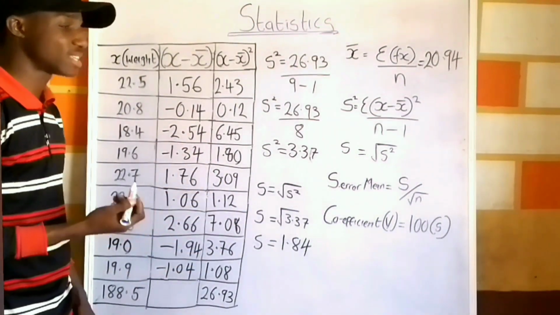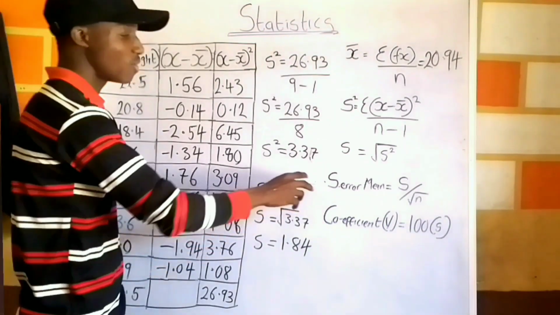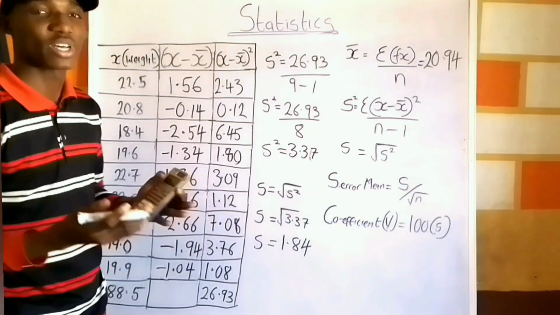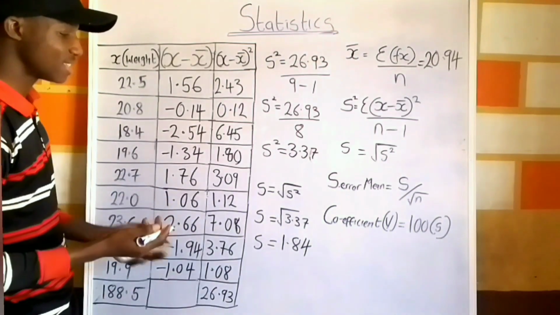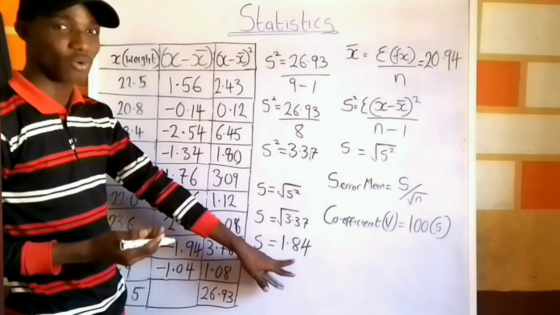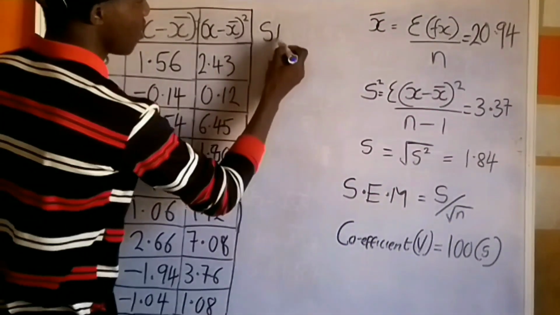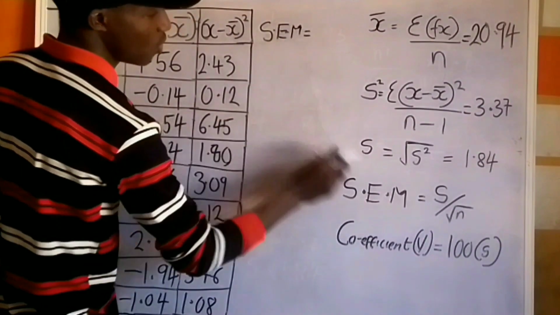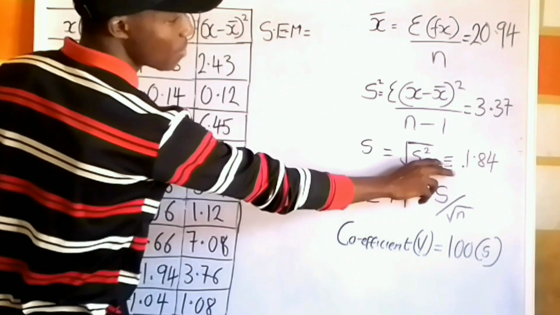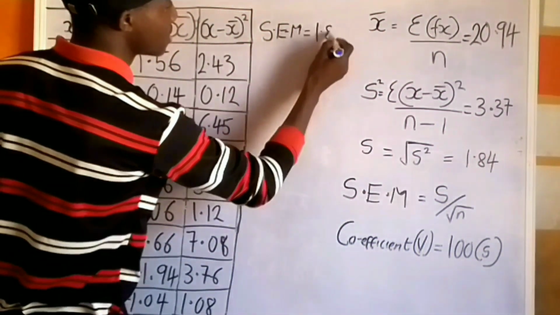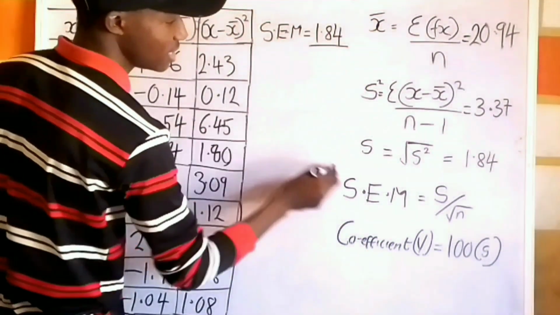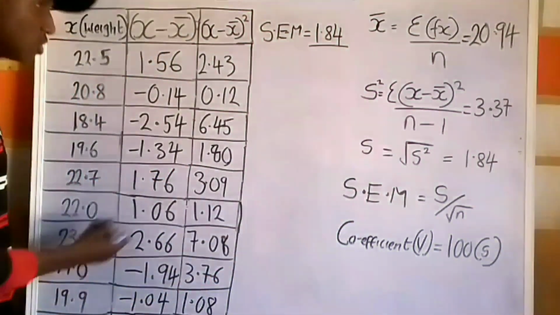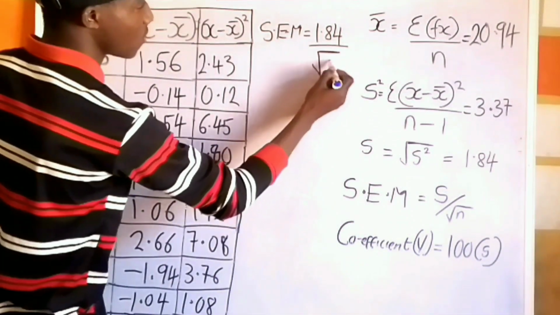Now, how do we get the standard error of mean? The standard error of mean is the standard deviation over the square root of n. And don't forget that the standard deviation is 1.84. Our standard error of mean, SEM, is equal to S, the standard deviation, which is 1.84. So I'm going to have 1.84 all over the square root of n. N is 9. So I'm going to have all over the square root of 9.